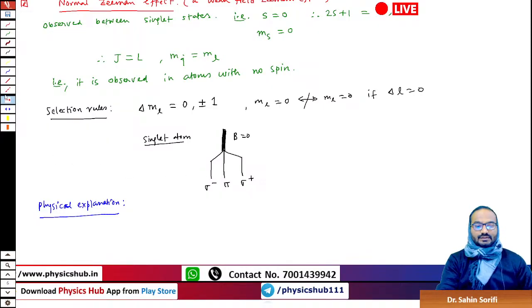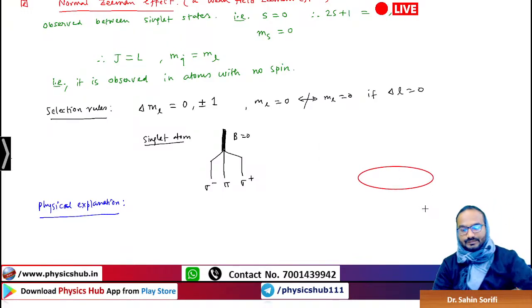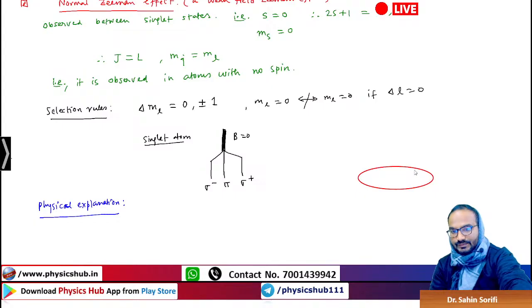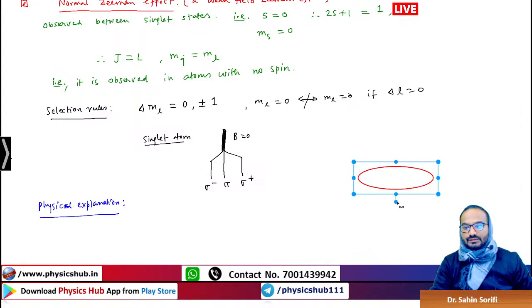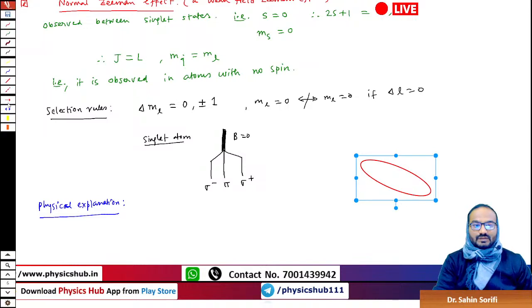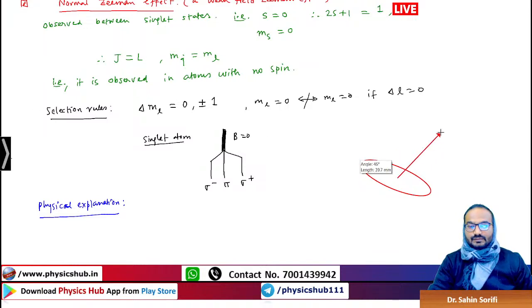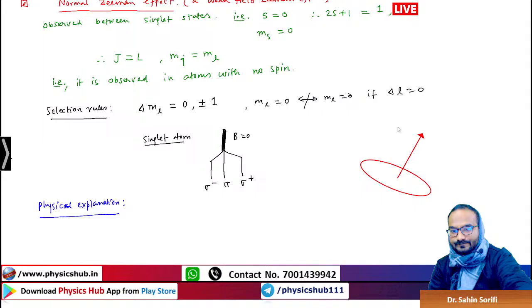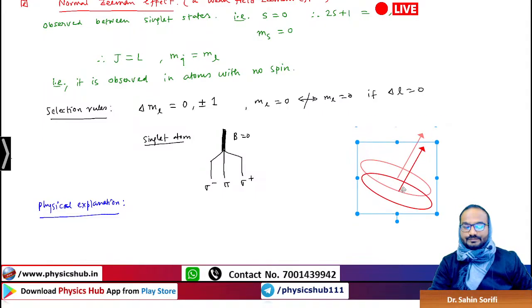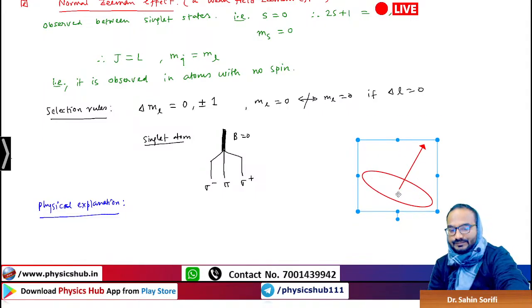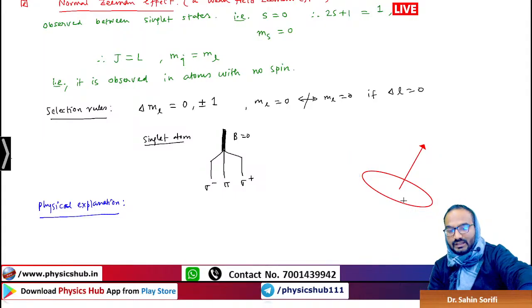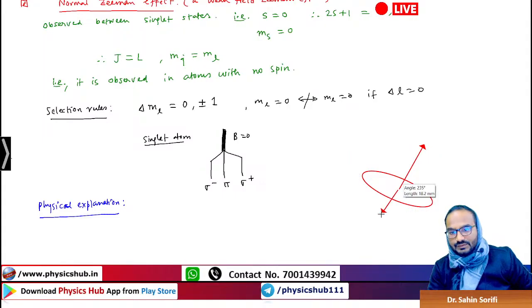Let's say this is the orbit of the electron, which is orbiting, and it will have its angular momentum L like this, and mu L will be directed in a direction opposite to this.